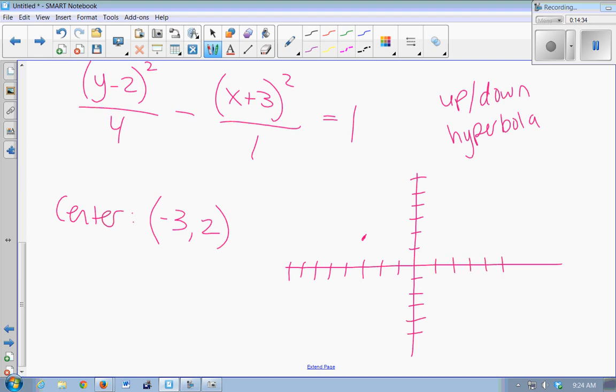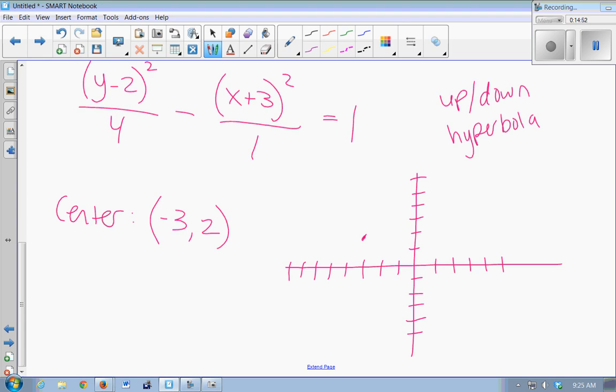Okay, so it's an up-down hyperbola. My a value is 2. The a value is under the y there, and the a value always comes first.